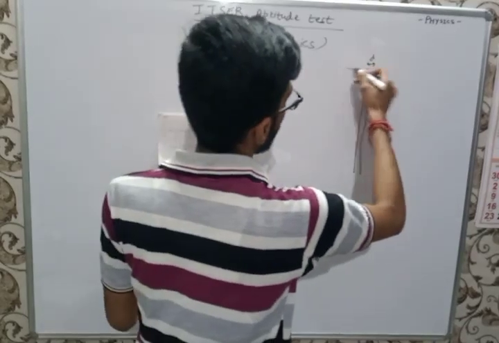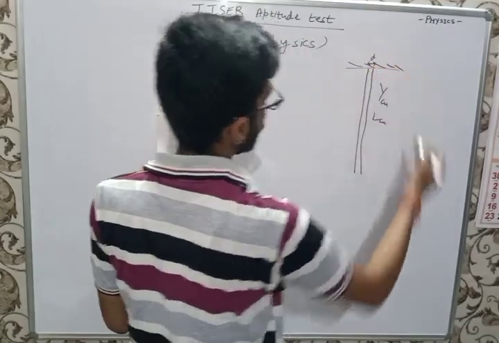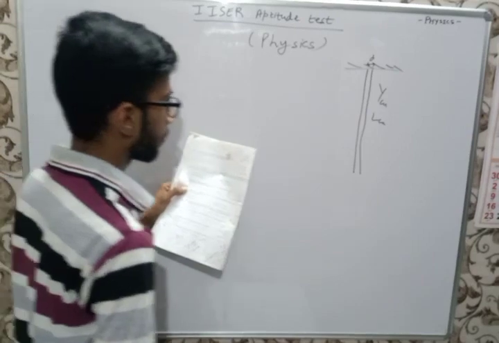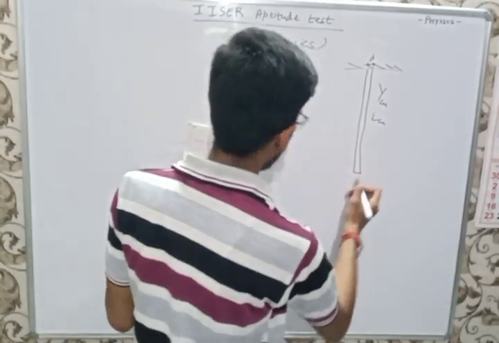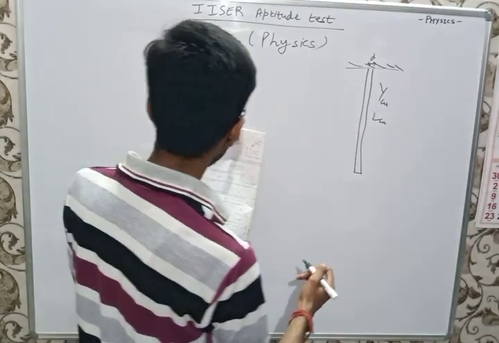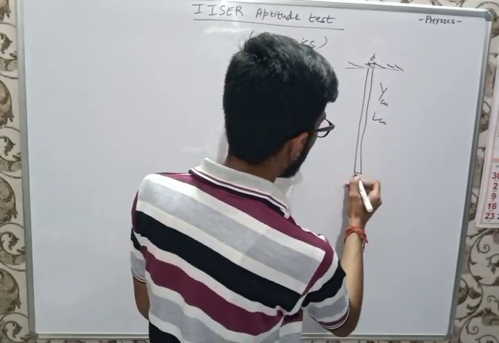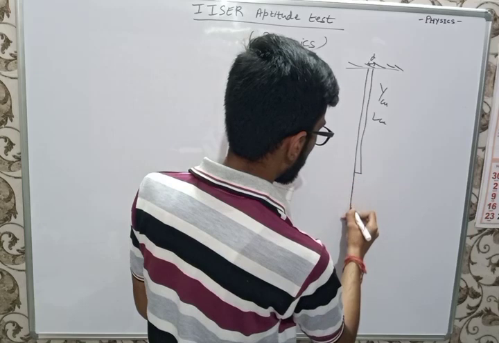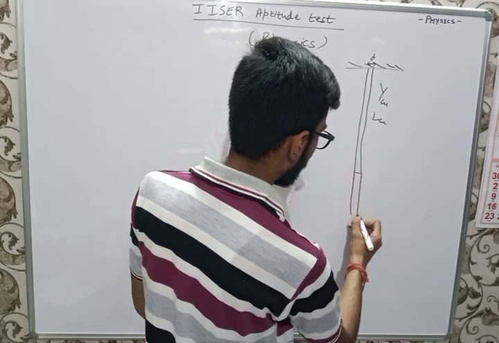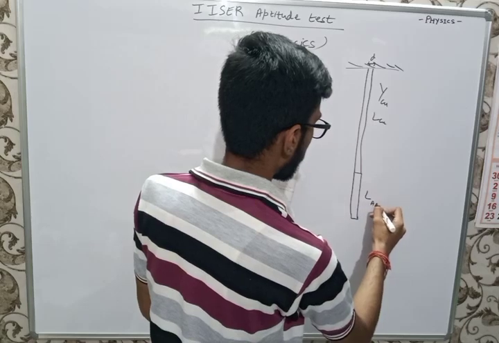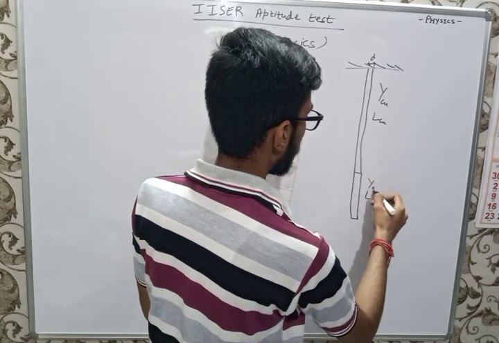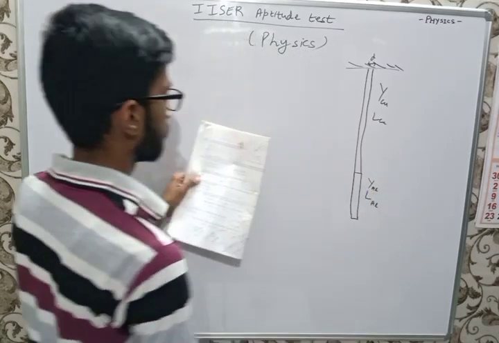The wire is hanging from the ceiling of a roof. You have connected a wire of aluminium of the same diameter. Suppose it is your aluminum wire of length L_Al and Young modulus Y_Al, of the same diameter.